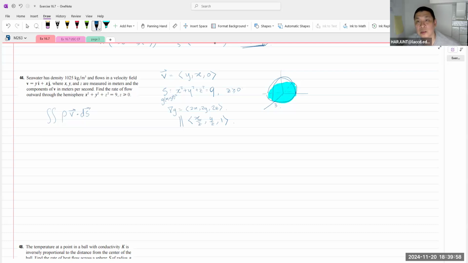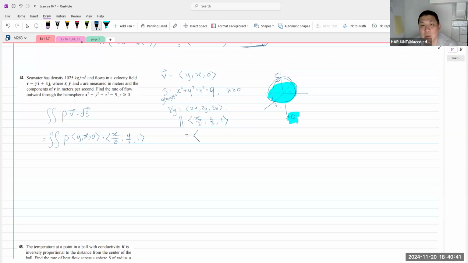If this is the surface, then this is the D, the one in blue. Therefore, when I do the dot product, there will be rho times y, x, 0 dot x over z, y over z, comma 1. Actually, I need to change the z first because I don't want you to misunderstand the z as 0 in that case.